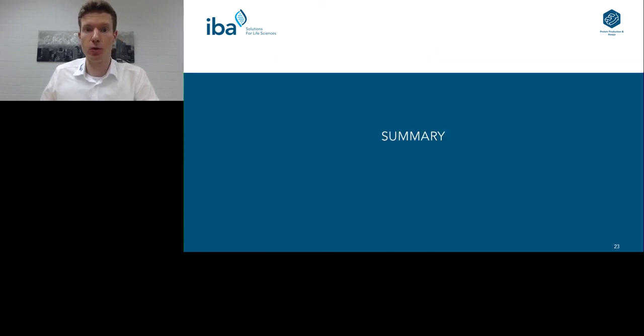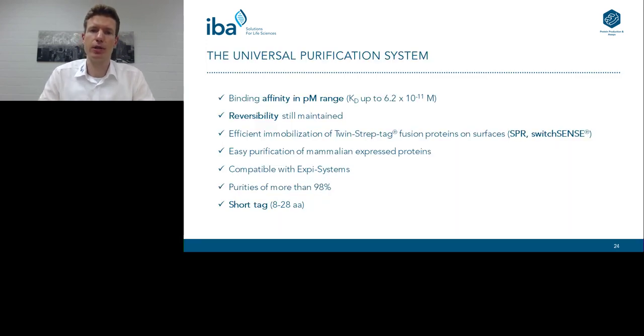And that brings me to the summary of this presentation. The Strep-Tactin XT Twin-Strep-tag system is a universal system, as it allows efficient purification and immobilization of proteins. We have a high binding affinity in the picomolar range, but we still have a reversible binding that makes it possible to use the system for purification as well.